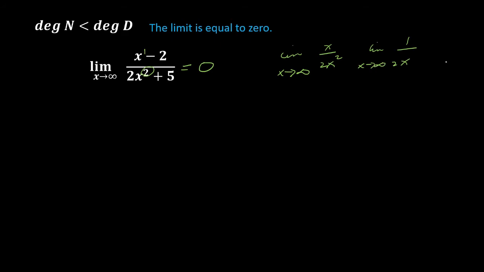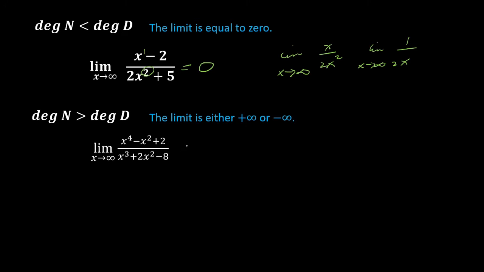So remember that if we have a number over the variable x and then x approaches infinity, that is equal to 0. Next, if we have the degree of the numerator greater than the degree of the denominator, the limit is either positive infinity or negative infinity.